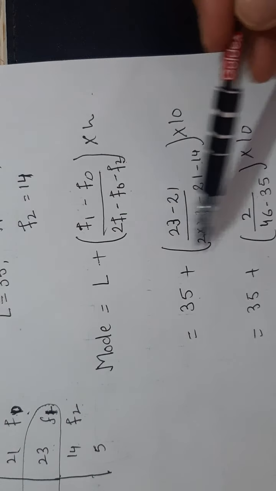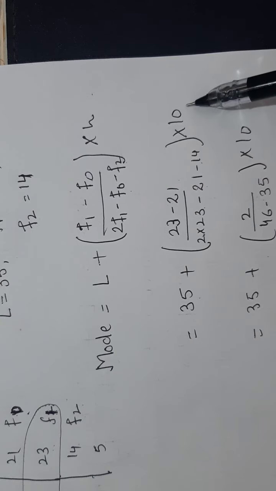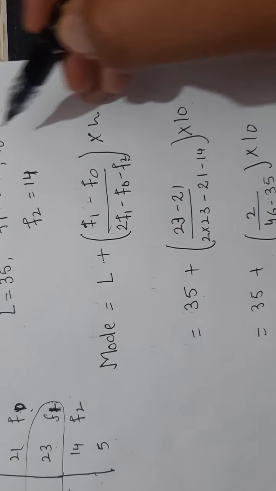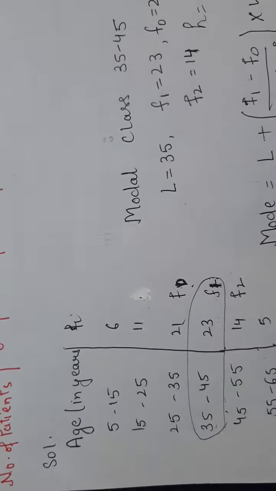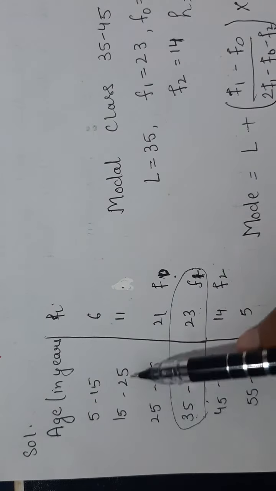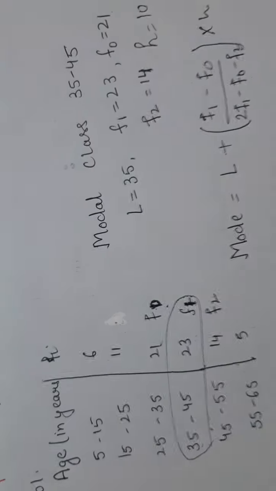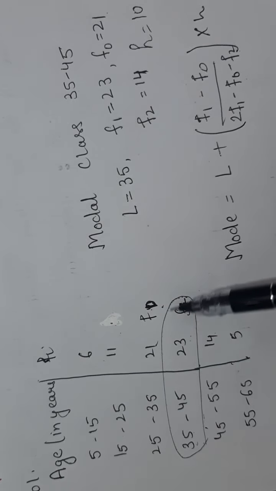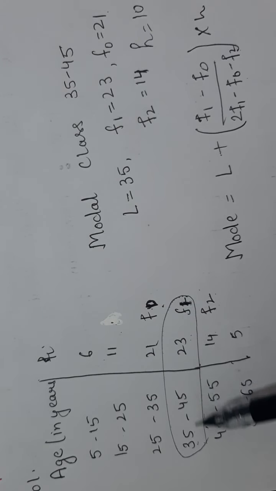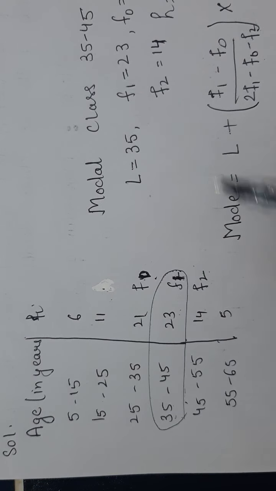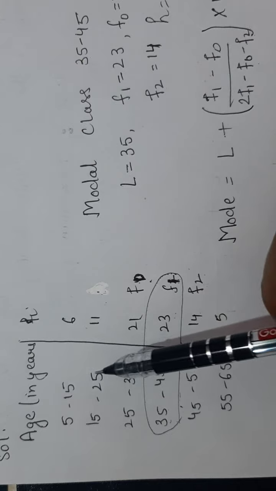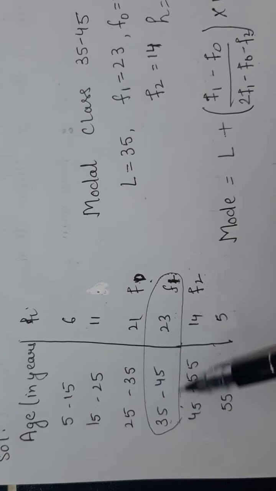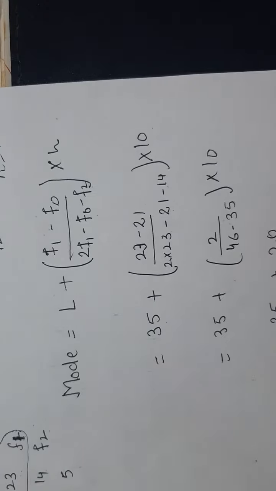The size of the interval h is 10, because you can see all the class intervals have a gap of 10. If in some question the size varies, then you have to consider the size of the modal class only.